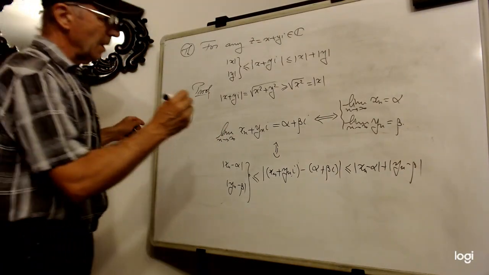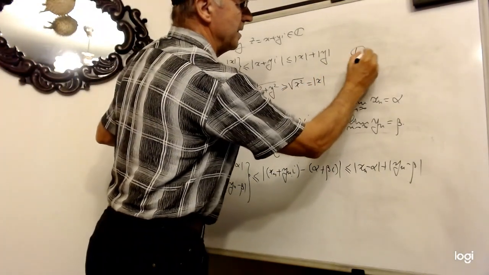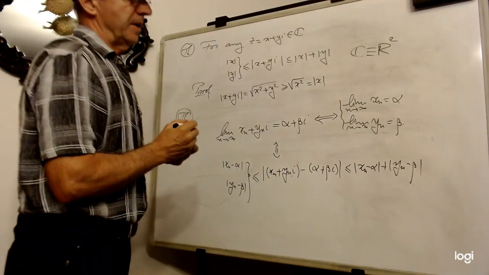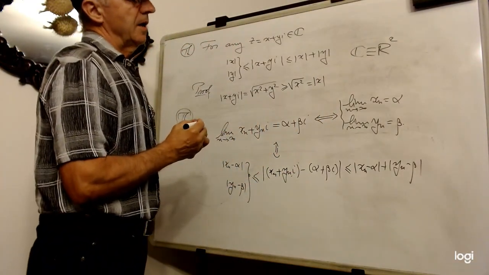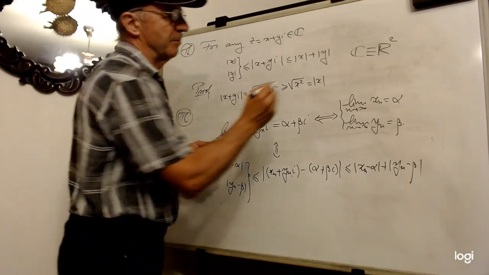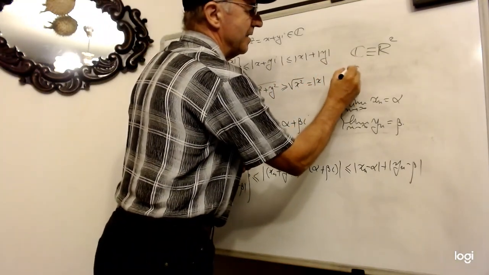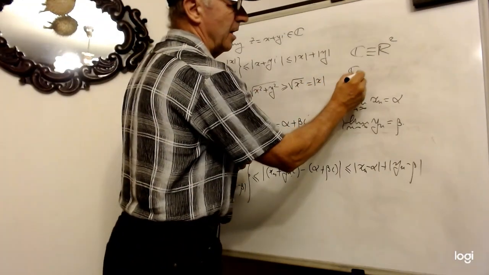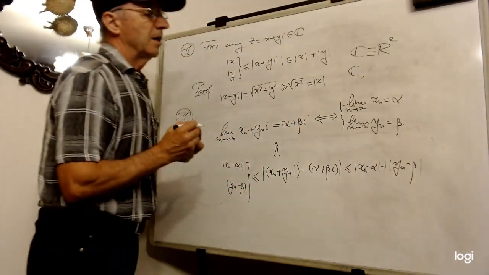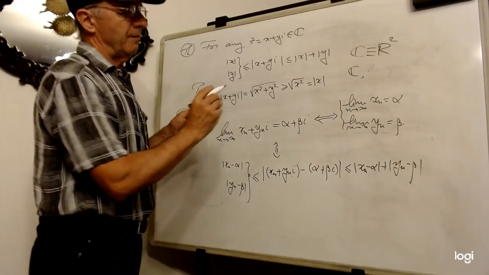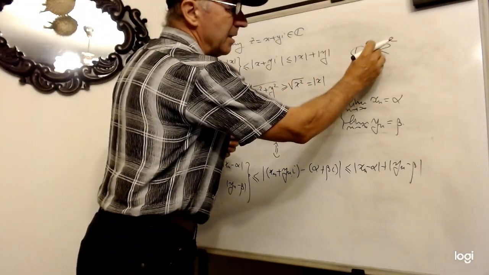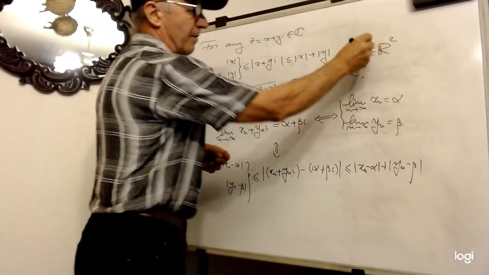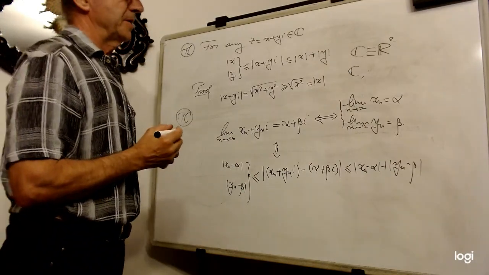So we have that C is identical to R2 as normed vector spaces, also as metric spaces, but C has an additional structure given by the multiplication of complex numbers, which does not have any analog in the case of this real vector space.